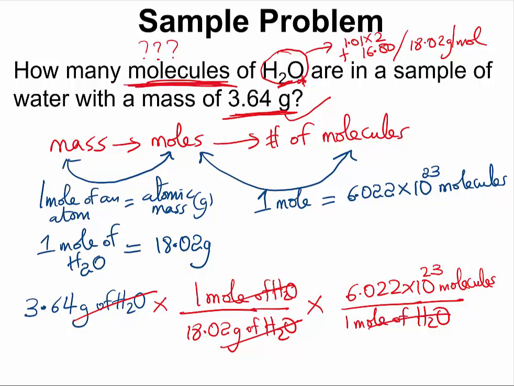If you plug all of these numbers into your calculator, you should get 1.21643 times 10 to the power of 23 molecules of water.